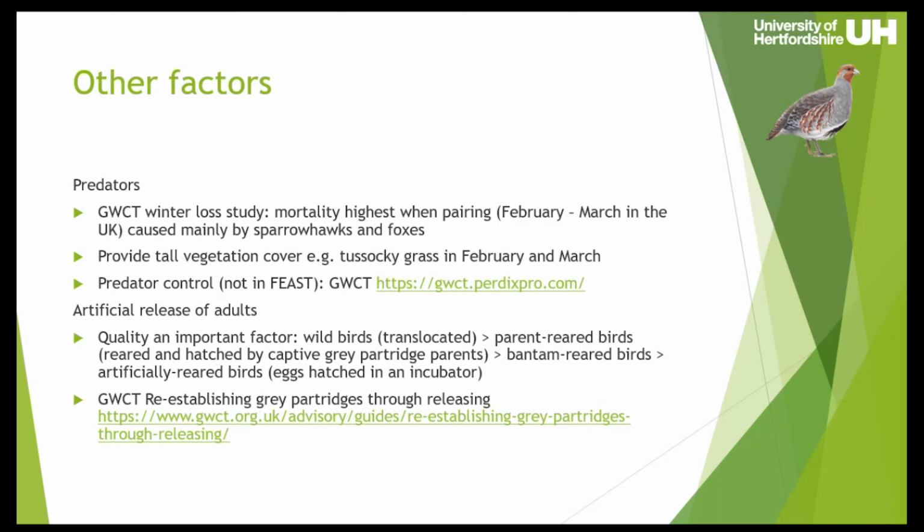And then there is a hierarchy of rearing, for example, parent-reared birds, bantam-reared birds, or artificially reared birds, for example, in an incubator. Generally speaking, there's a decline in survival rates. That's not something that's taken into account in FEAST, but that would be something that, outside of using the tool, whoever's interested would need to take into consideration. And there's some interesting information there. For example, GWCT has that information, and there's a link down there. Okay, next slide, please, John.